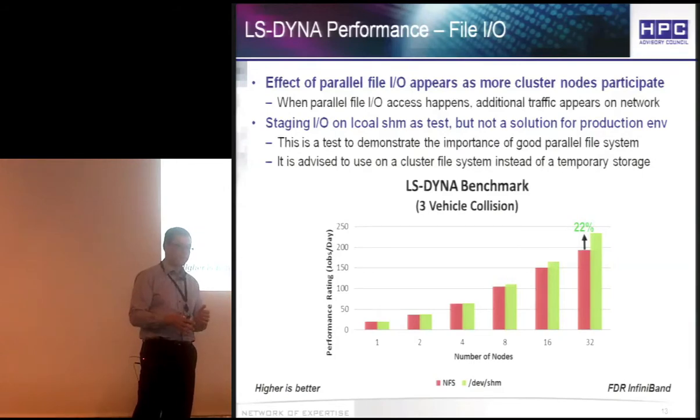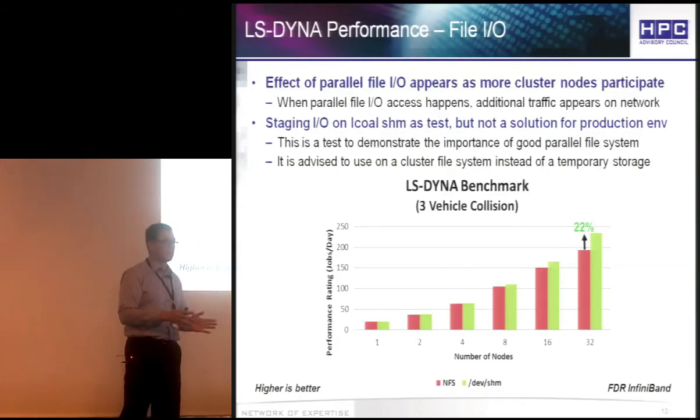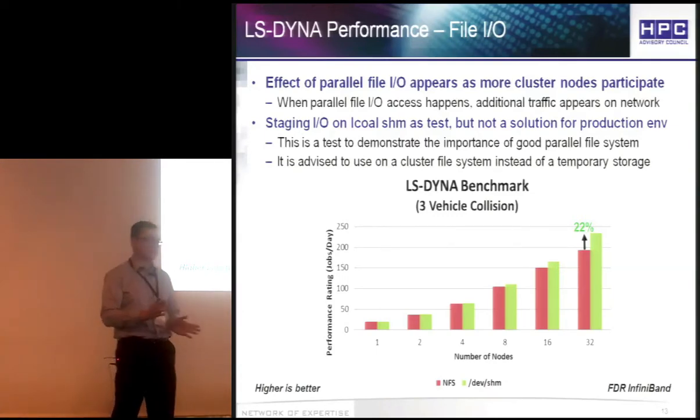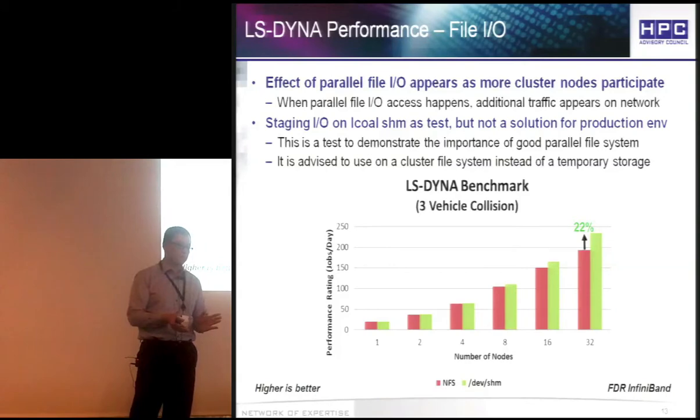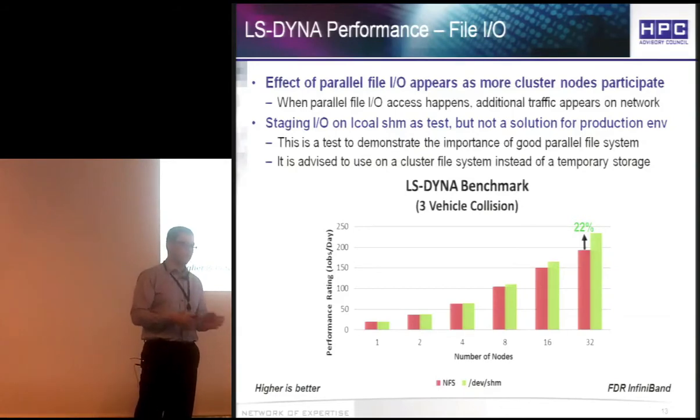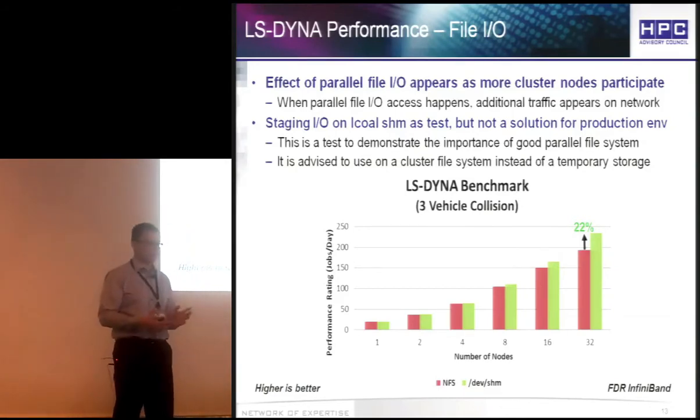Even so, when the I/O component is not writing and reading a lot, the performance difference between using an NFS mounted directory versus writing on a local shared memory is huge.